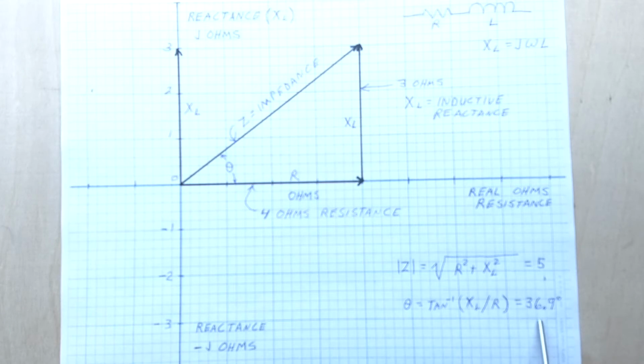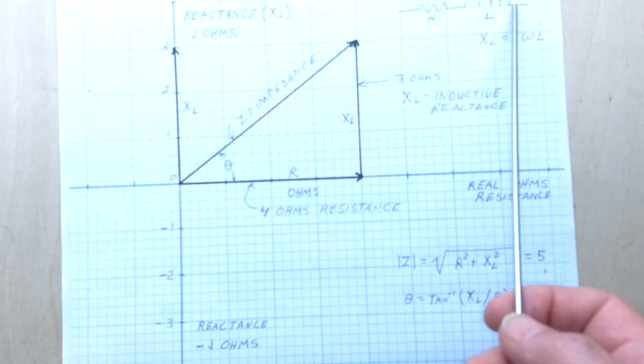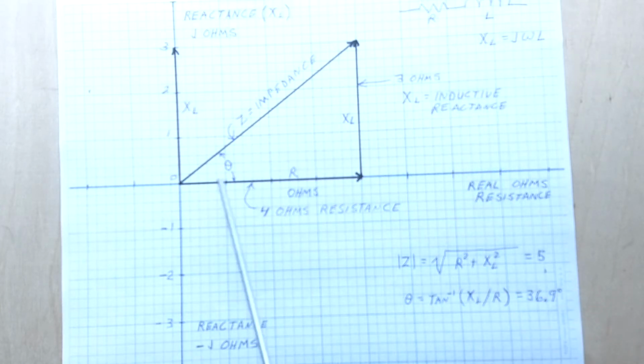And in this case, it's approximately 37 degrees. So the angle theta tells us that the voltage across the impedance leads the current by the angle theta, or 37 degrees.